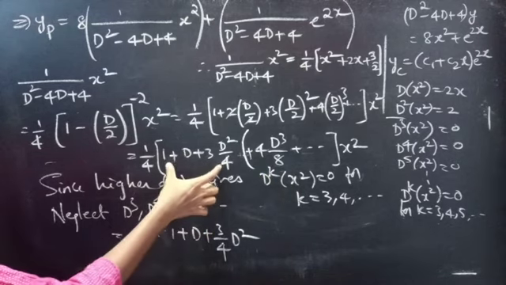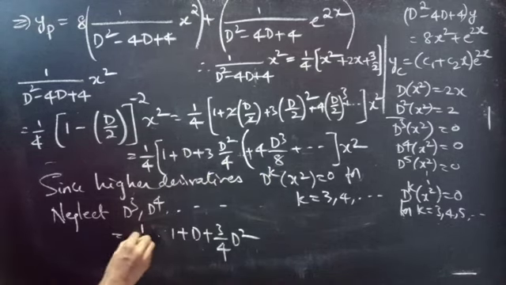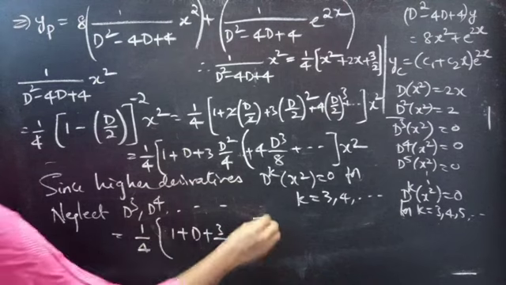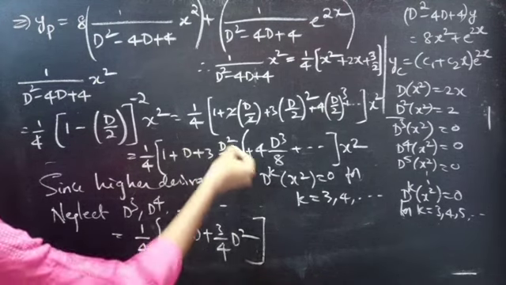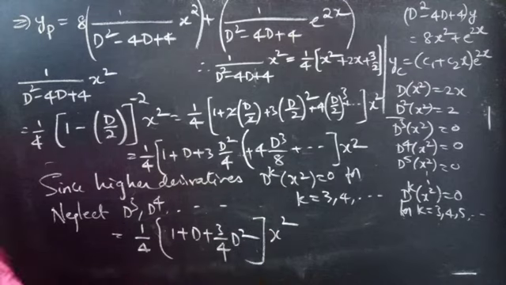So we'll take only the first 3 terms and we'll get 1 by 4 into 1 plus d plus 3 into d square by 4, or 3 by 4 into d square, into x square.